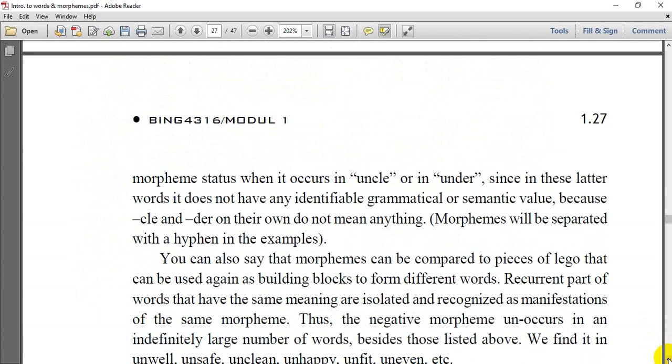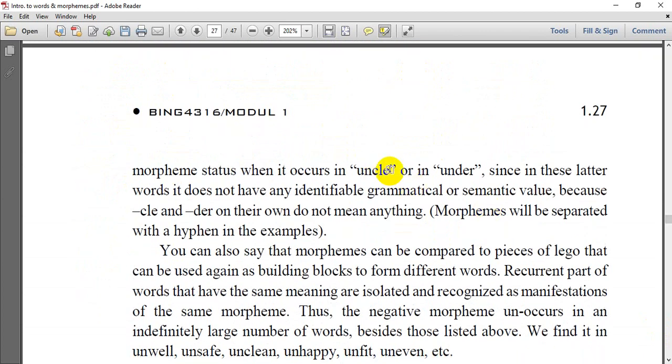We have other examples like uncle and under. In these words, un is not a bound morpheme; it is a basic part of the word.